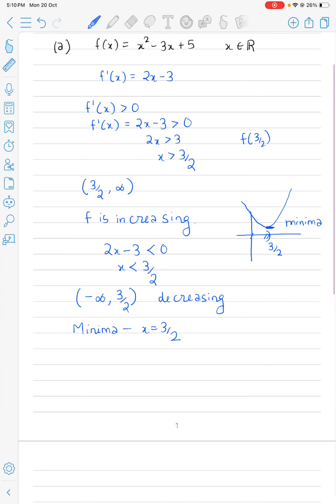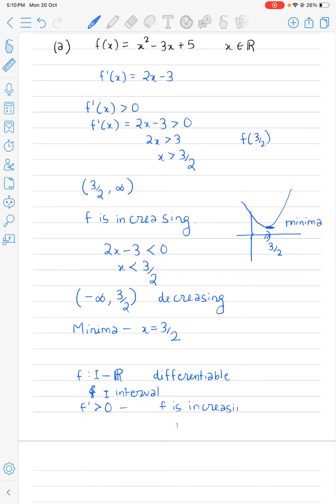Okay, so the result I'm using is this one. If f from I to R is differentiable, I is an interval, and f' is greater than 0, then f is increasing on I. This is what I'm using.